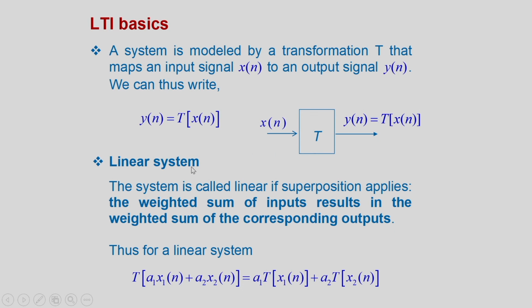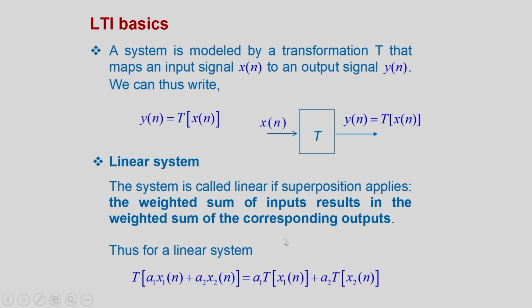Now, linear system. The system is called linear if the superposition principle applies. What does it mean? The weighted sum of inputs results in the weighted sum of the corresponding outputs. In terms of transformation, T{A1 x1[n] + A2 x2[n]} is the same as A1 T{x1[n]} + A2 T{x2[n]}.